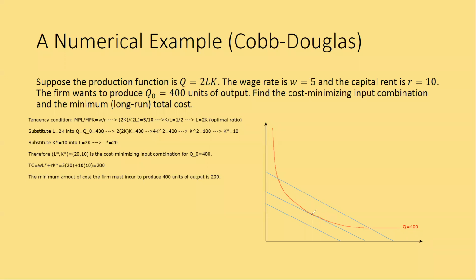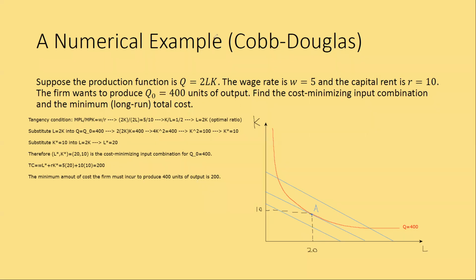And this point A is our cost minimizing point, and it corresponds to, so this is L, this is K, and this point A corresponds to 20 units of labor and 10 units of capital.